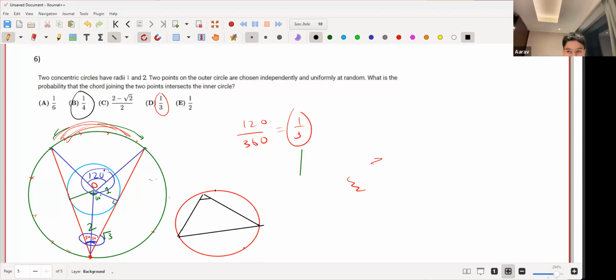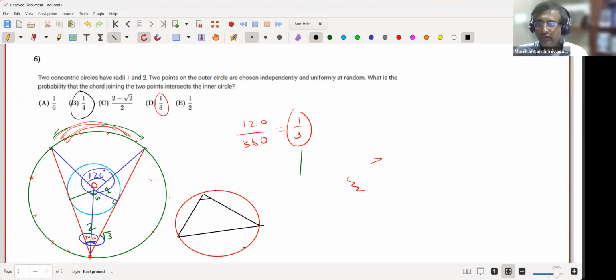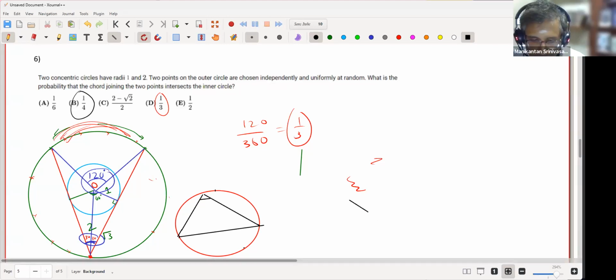Wherever you choose the first point, there'll correspondingly be a 120 degree segment that's favorable to you. So it literally doesn't matter where you select the first point. It's always going to be 120, right? Exactly.